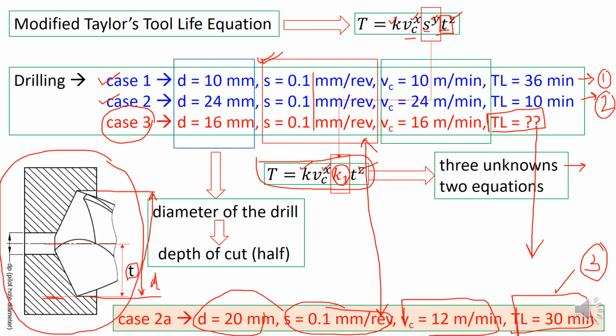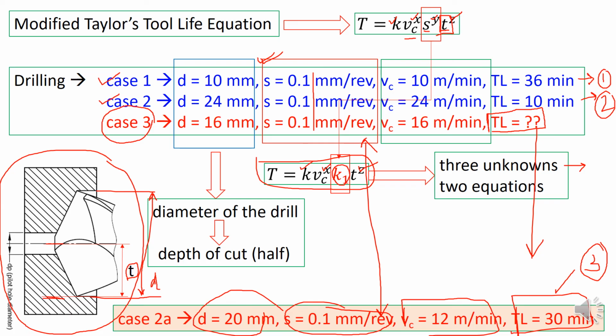This was a fun problem to discuss. Today what we have discussed is a straightforward problem of tool life in turning. In another example, we have discussed tool life using modified Taylor's tool life equation for a drilling.